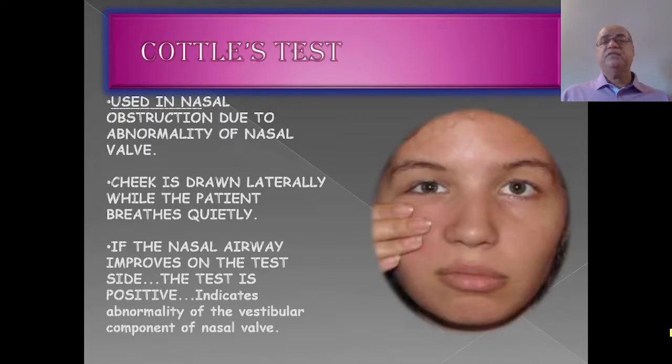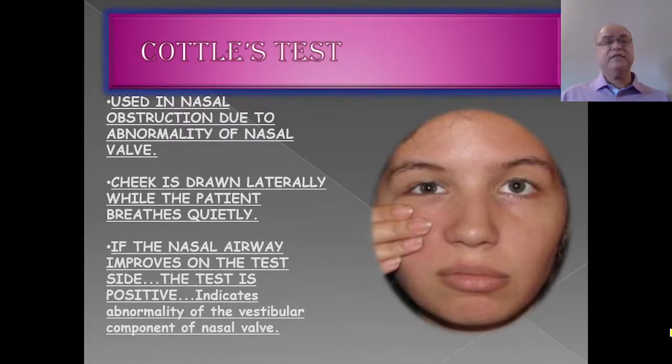There is a simple test which we call Cottle's test, and this is that the patient is asked to retract the cheek with 2 or 3 fingers, as you can see in this picture. And if the patient feels there is improvement in nasal obstruction on that side where the cheek is being retracted, that means that the abnormality is in the vestibular component of the nasal valve.